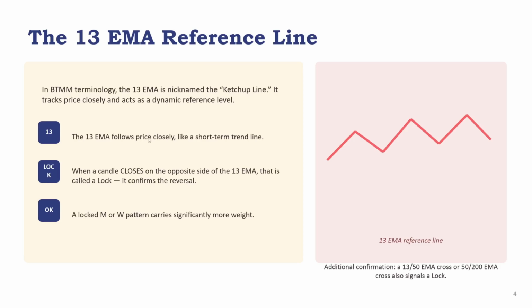We have several nicknames for EMAs, like the 50 EMA, we call it the water, and the 200 EMA, we call it the mayo. And the 800 EMA, we call it the blueberry. But for now, we're only going to be concentrating on the 13 EMA for entries. The 13 EMA is our signal line.